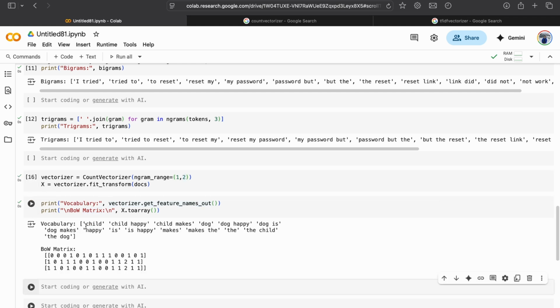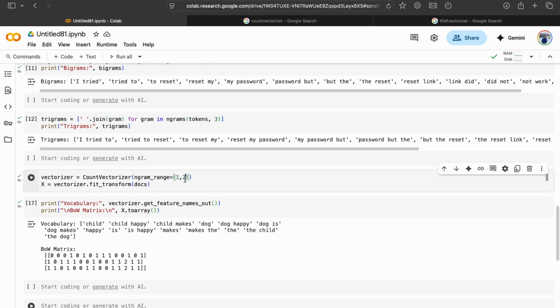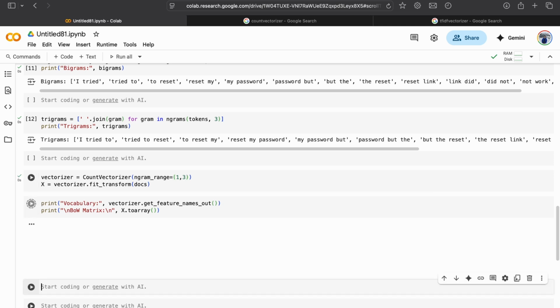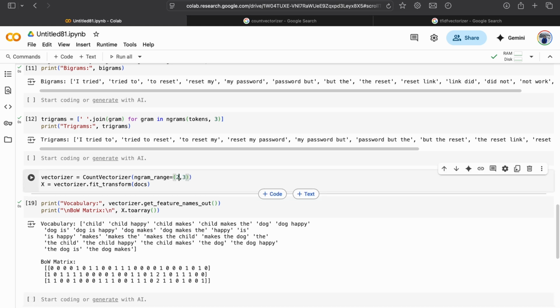Now the vocabulary will contain both the unigrams as well as the bigrams, the sequence of two. If you want to use all the 3 grams, you can use 1 comma 3. So it will use 1, 2, and 3 grams. Okay, so let me just use the bigram and show you one thing.